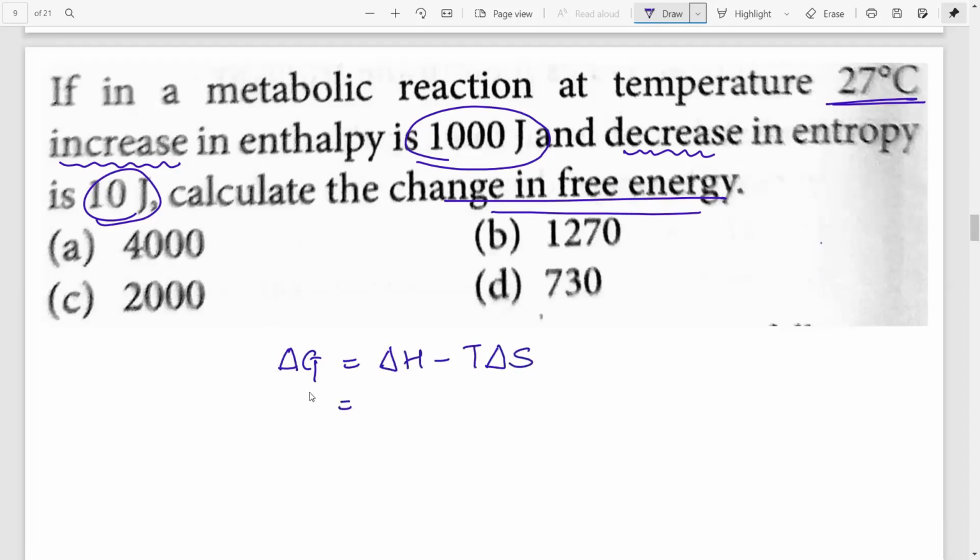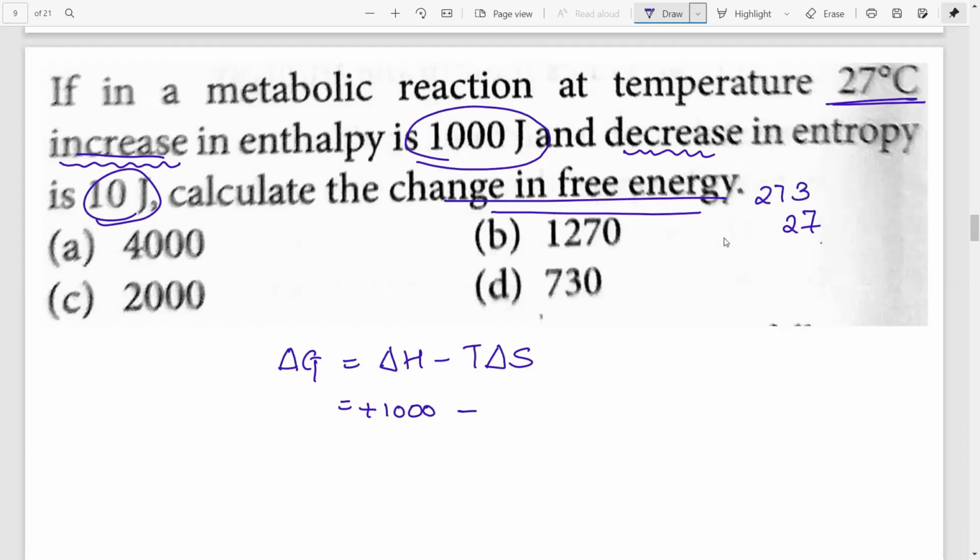Delta G is what you need to find. Delta H is the enthalpy, and they say the enthalpy has increased by 1000 joules. That means H is a positive value, since they are saying increased. Minus T. They have given you the temperature as 27, but this is in degrees Celsius, and we need it in Kelvin.